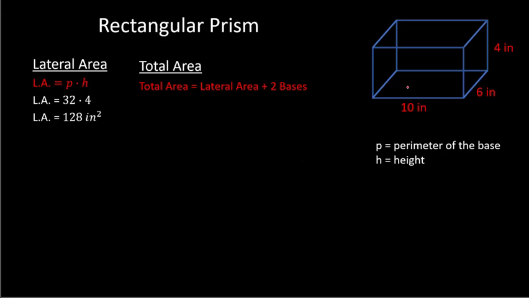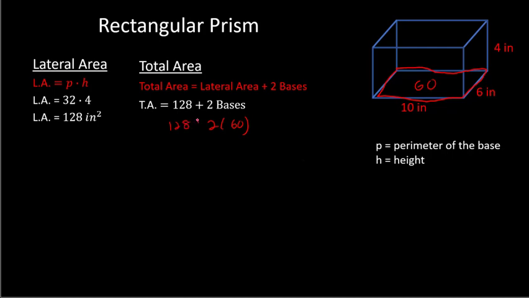So the 2 bases we have here, in the bottom is our base. We have one on the bottom and on the top. So the area of that base would be 10 times 6, base times height, which would be 60. All right, so you have 60, and you have 2 of those. So you take the lateral area of 128 plus 2 bases, so 2 times 60.